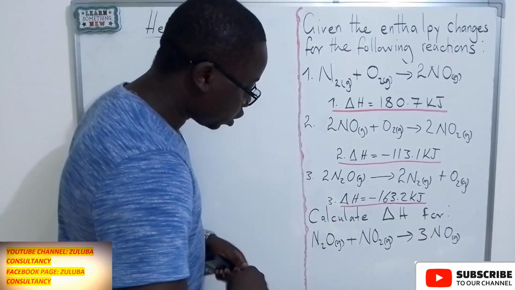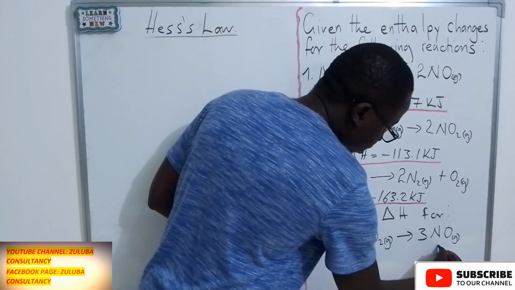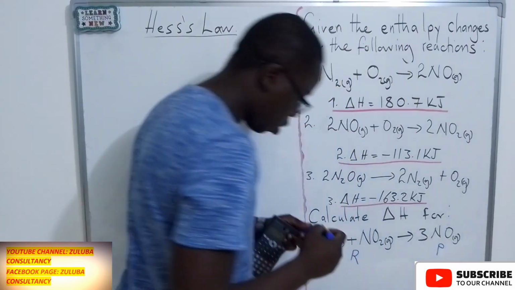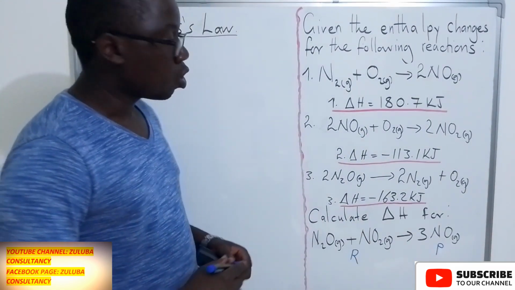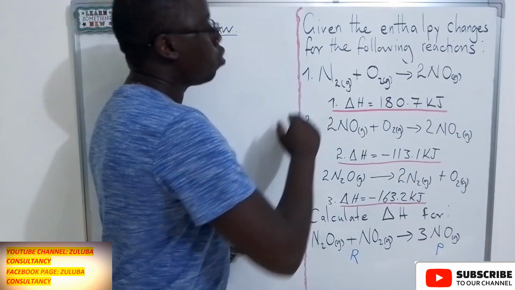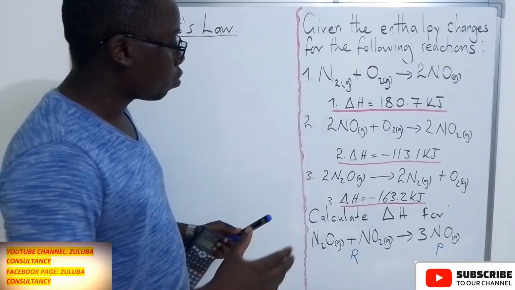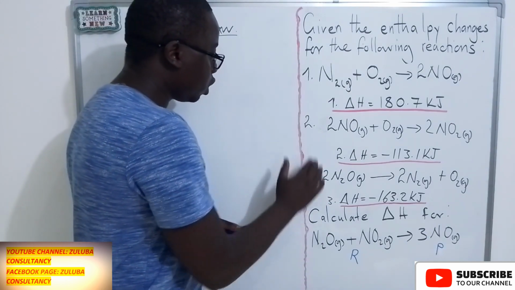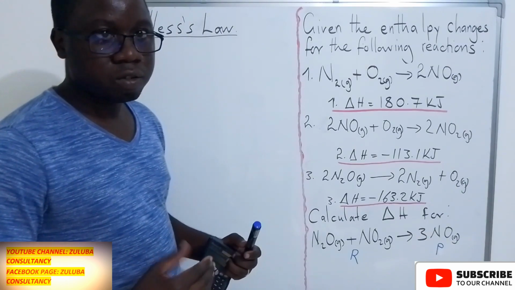When you look at this reaction, we have the reactant part and the product part. So if you identify the reactant and the product part, you look at the individual reactions that you have been given the enthalpy changes. So we have three different reactions that we have been given the enthalpy changes.